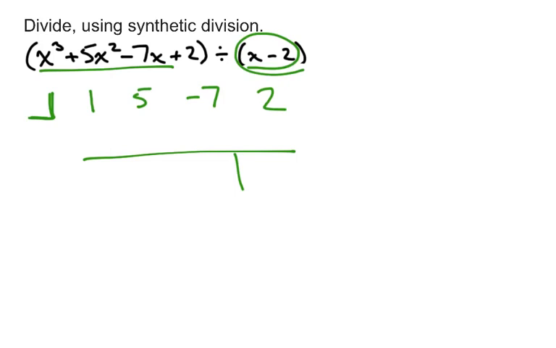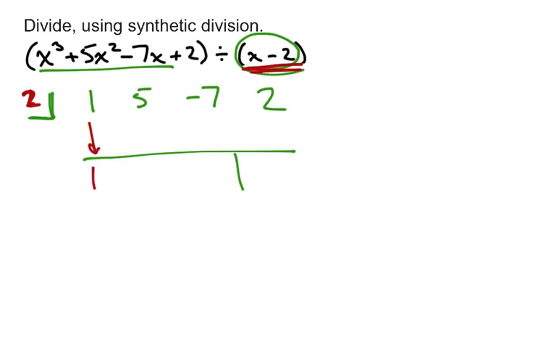Well, we are going to divide by x minus 2, but the number that I put up here isn't x minus 2. What I'm going to plug in there is 2, because 2 is what's going to make this thing equal to 0. Right? If x minus 2 is a factor, we want to look at the root of that, 2. So, bring down the 1.